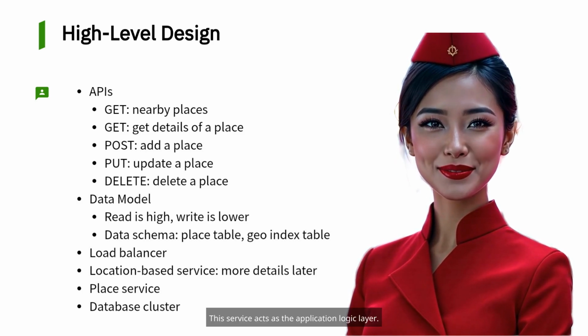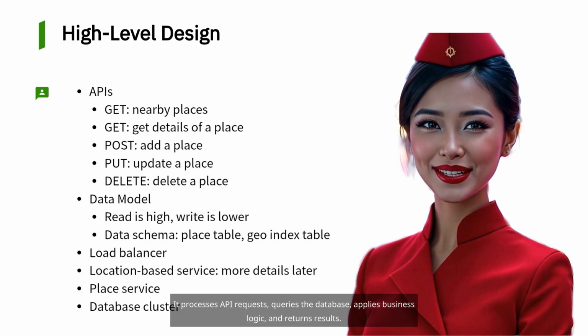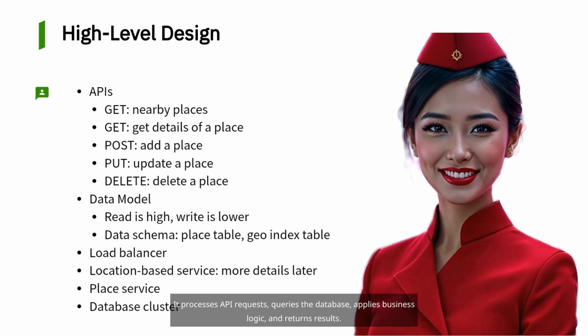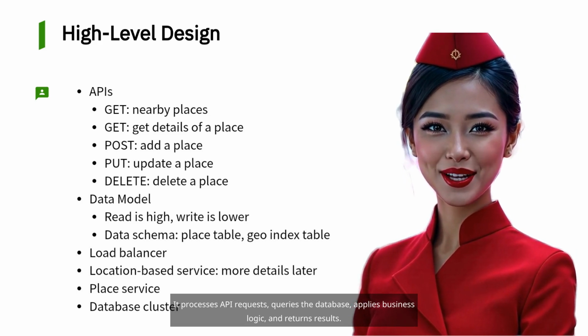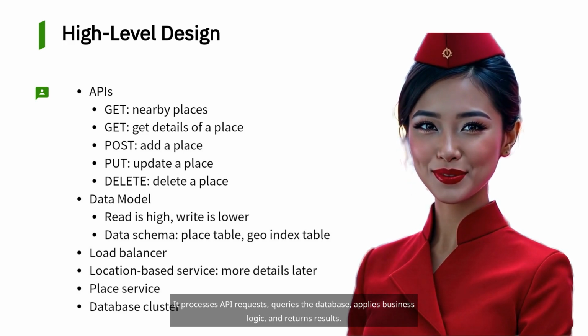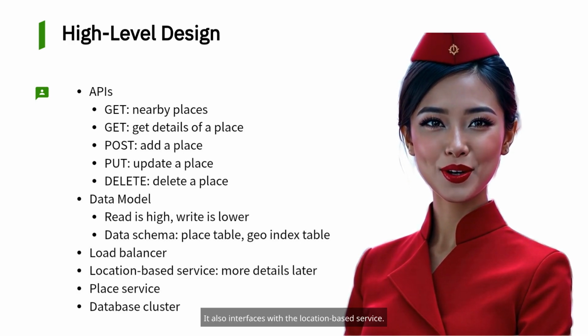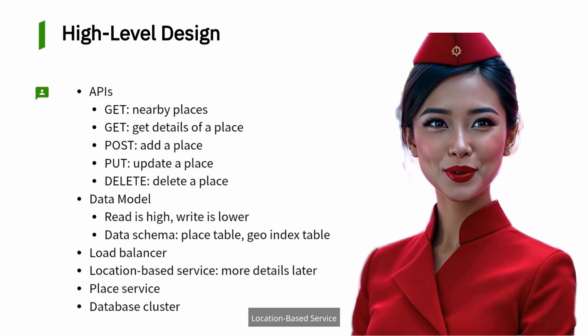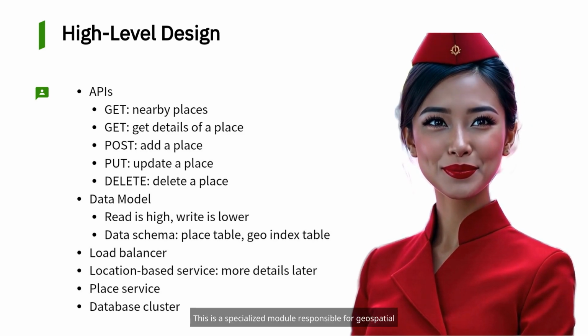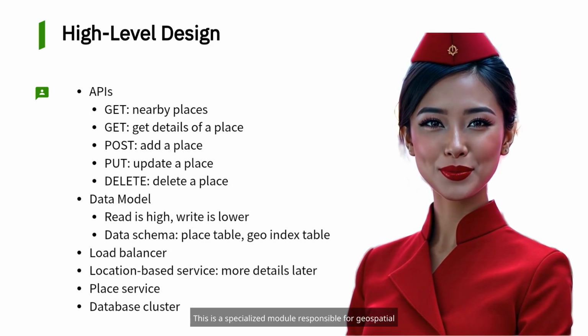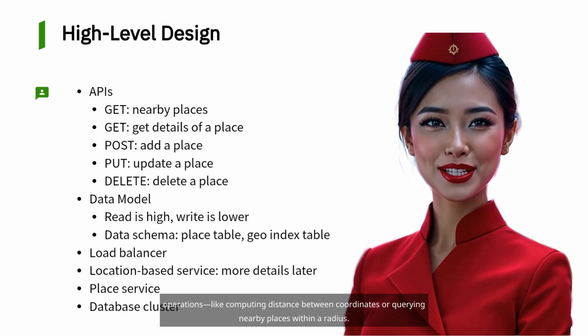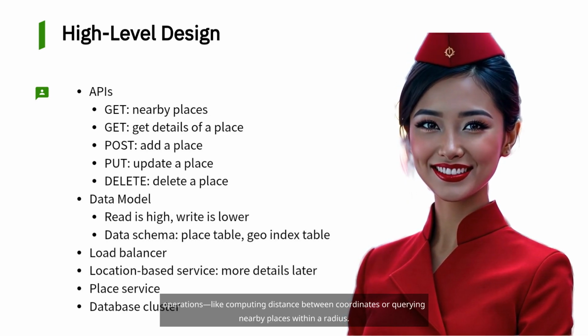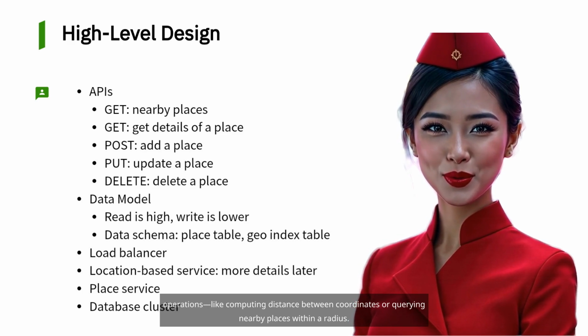Place service. This service acts as the application logic layer. It processes API requests, queries the database, applies business logic, and returns results. It also interfaces with the location-based service. Location-based service. This is a specialized module responsible for geospatial operations, like computing distance between coordinates or querying nearby places within a radius.